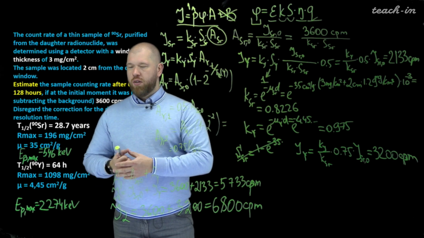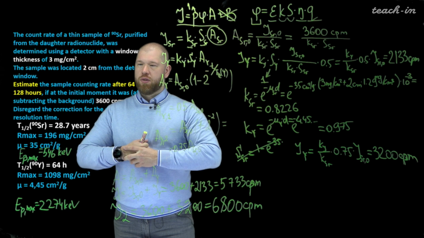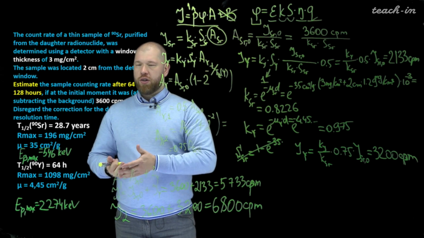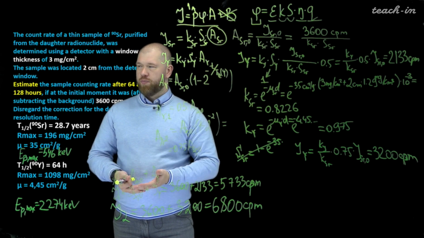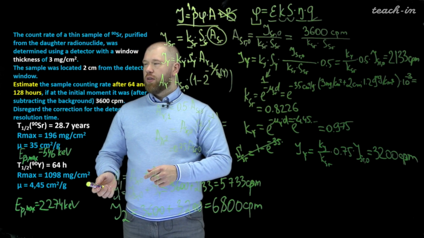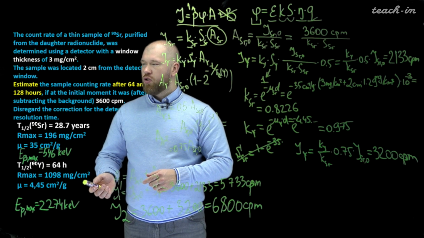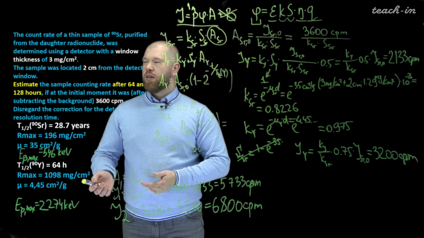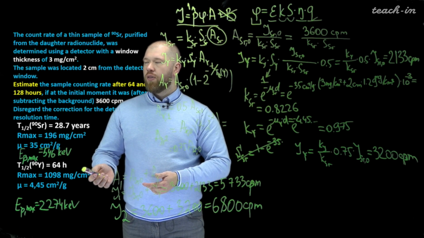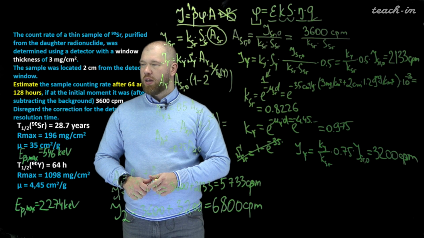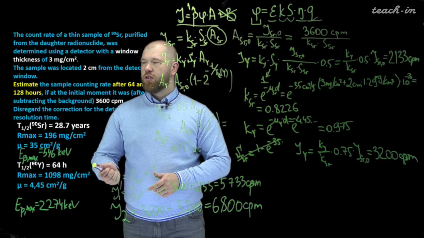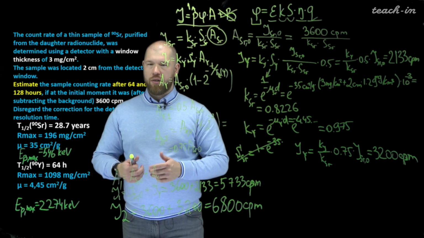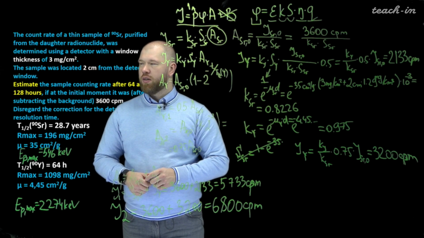So matter stops particles with high energy less efficiently. Also, you can clearly see that the maximum range of the beta particles in this case differs significantly for these two cases. Again, the higher the energy, the longer the distance that particles can penetrate inside the matter.